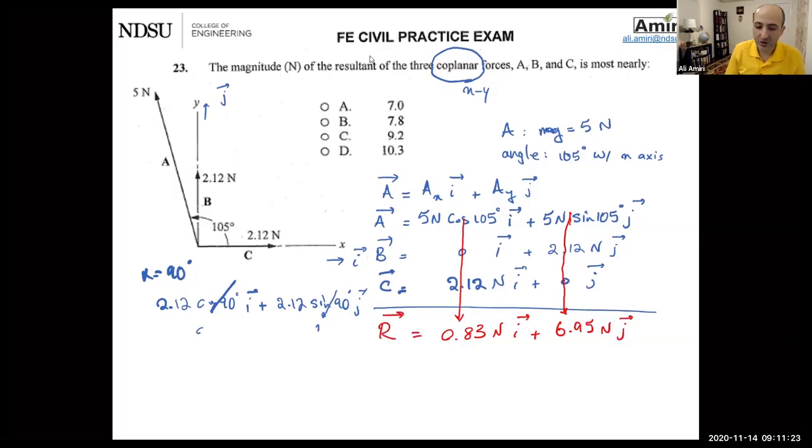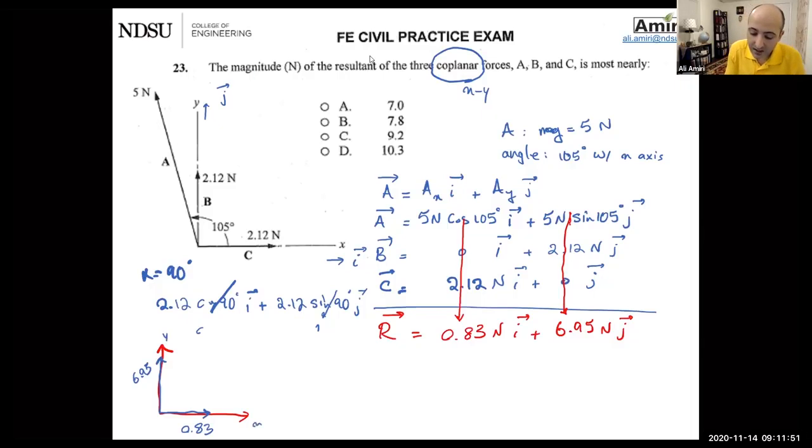We usually like to call this R, which stands for resultant vector. So now what I have is a vector where the I component is 0.83 and the J component is 6.95.